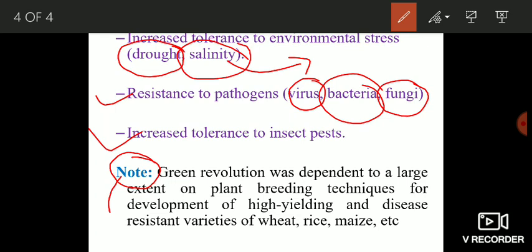Besides the increased use of fertilizers, it is stressed that plant breeding science also played a significant role in achieving the Green Revolution. We got high yielding varieties of wheat, rice and maize because of this plant breeding science.